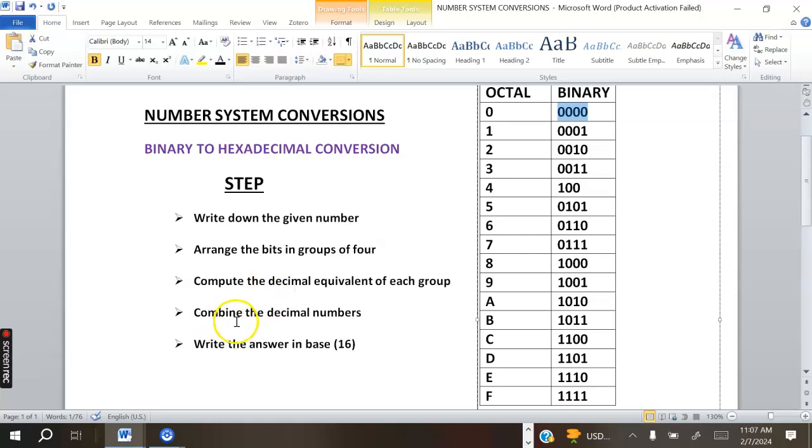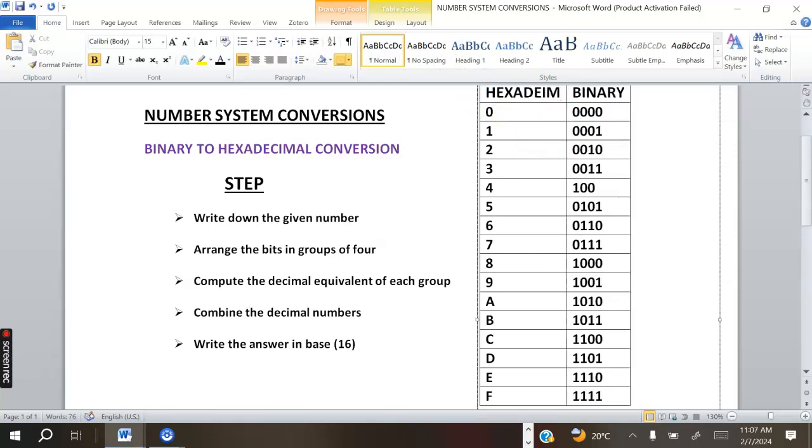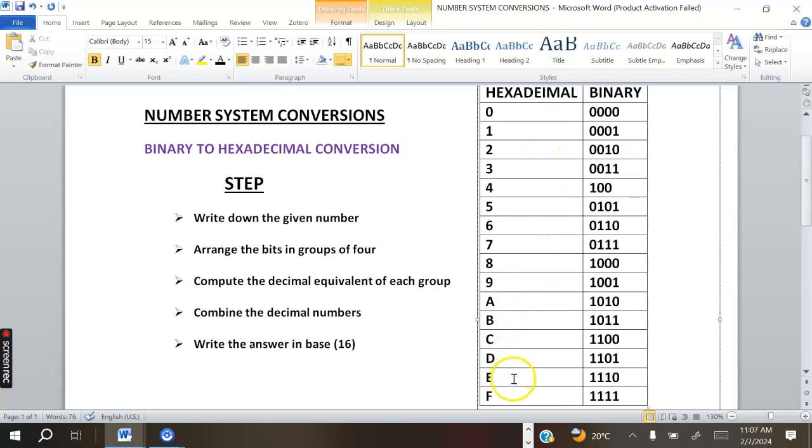Then number 4, you combine the decimal numbers, and lastly, you write your answer in base 16, because if you count the number of hexadecimal digits, they are 16 in number.